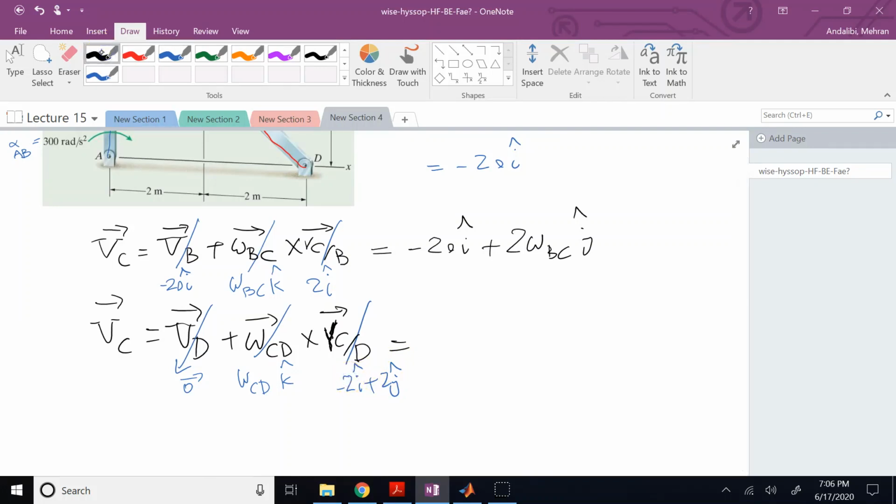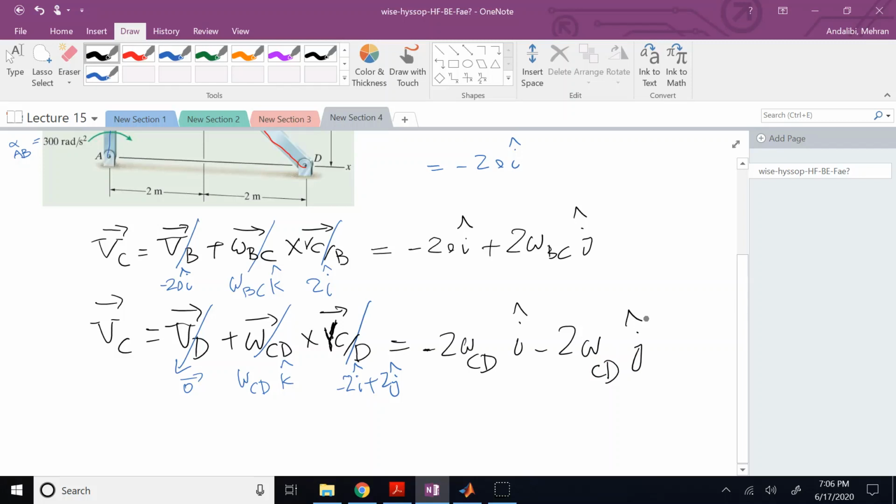And if I carry the cross product, it's going to be K cross I, which is J, and then there is a negative, so it is going to be negative 2 omega CD J, and then you have K cross J, which is negative I, and you have another negative, so you also get negative 2 omega CD I. So I found V of C through both members, but I know these should be equal, right?